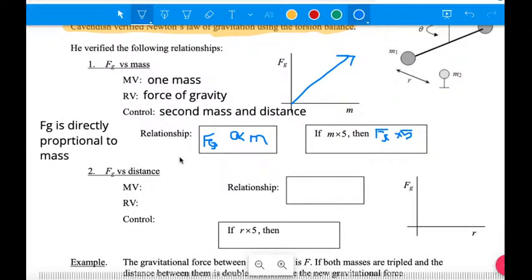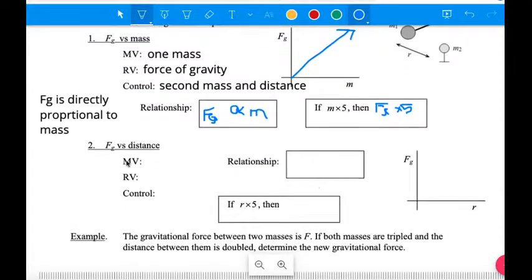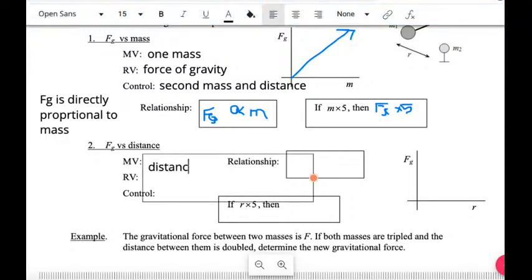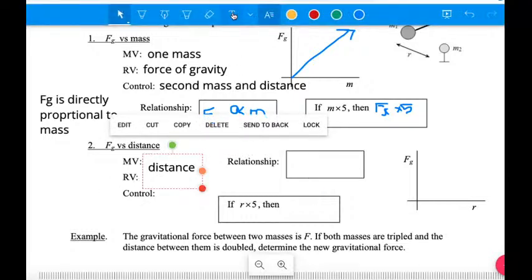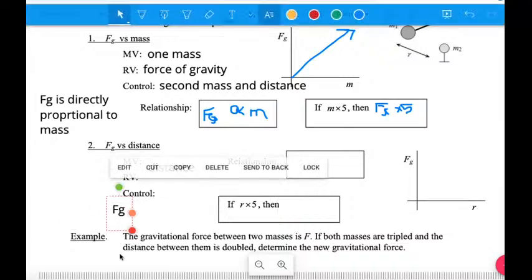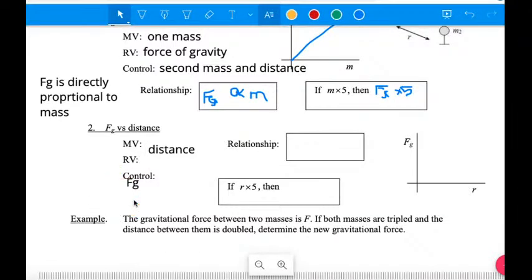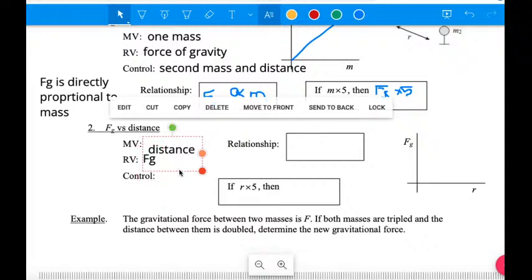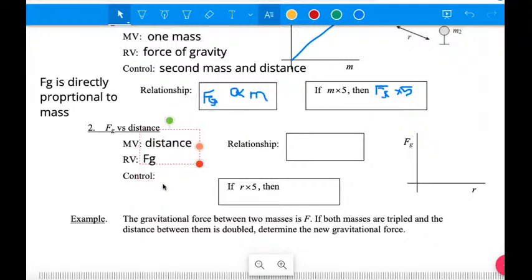He also looked at the relationship with distance, and we alluded to this a bit last lesson with our inverse squared law. A little bit of a spoiler there. So our manipulated variable is, in this case, going to be distance, and our responding variable is going to be our Fg, force of gravity. And controlled is going to be both masses.